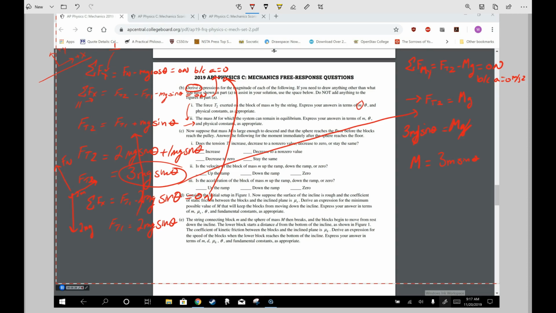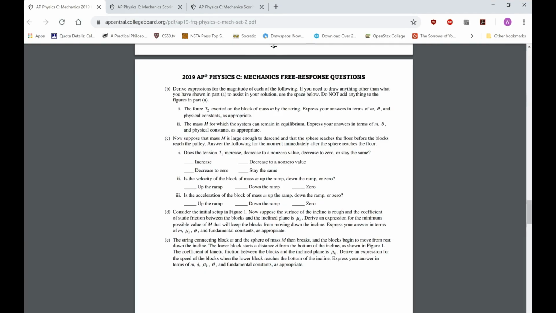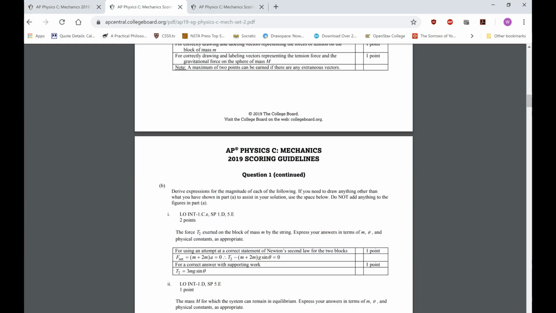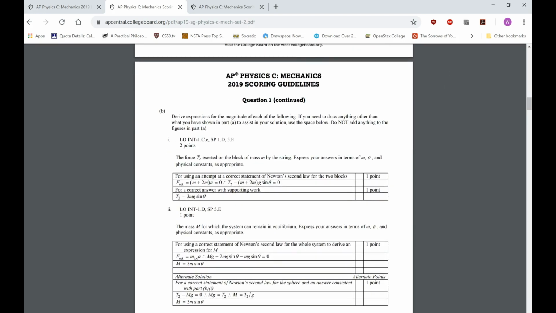All right, let's go ahead and look at the rubric here to see how this is scored. Part I has 2 points for an attempt at a correct statement of Newton's second law for the two blocks. So this is where you make both blocks the one system. If you do that method, you can just write the net force equals 0 because a is 0, right?